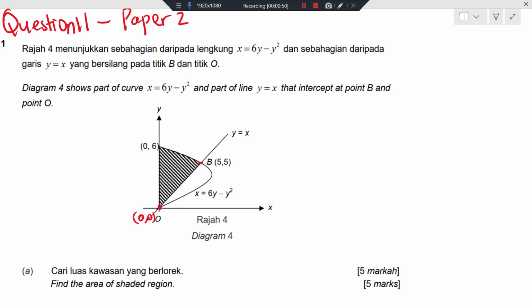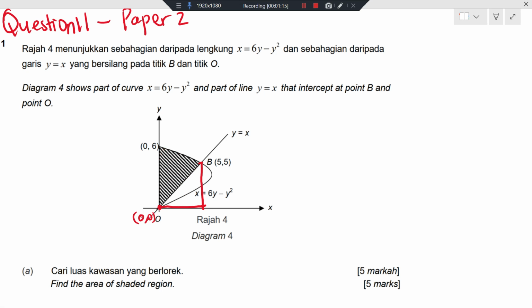How to find the area of the shaded region? Many will think that we can do it like this: you find everything under this curve and then take out the triangle, and you'll get the shaded region. That's a good idea.